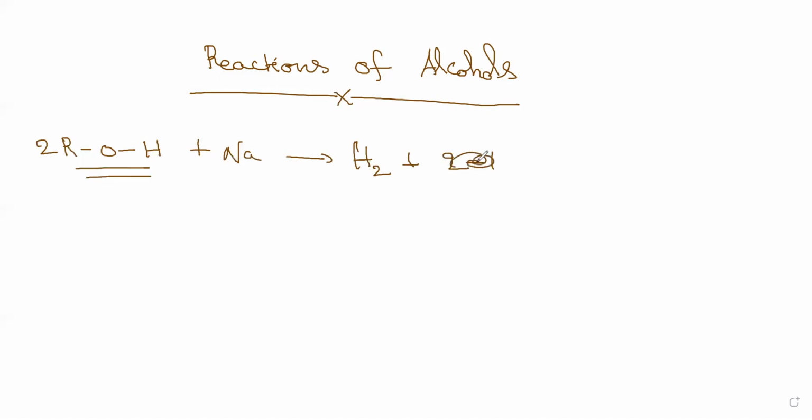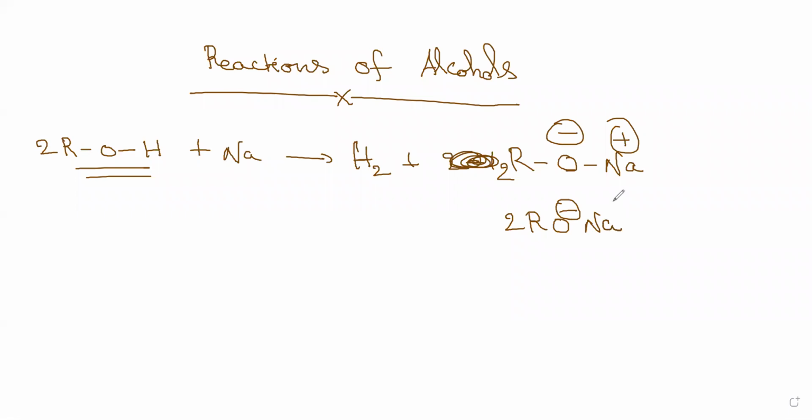You get a compound like 2 RONa. I should not write the bond; I should write 2 RO minus Na plus, because this is an ionic bond.